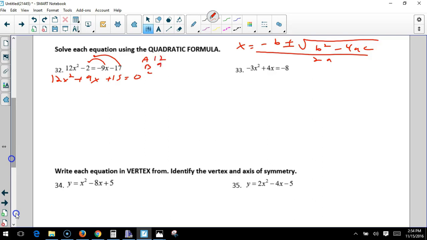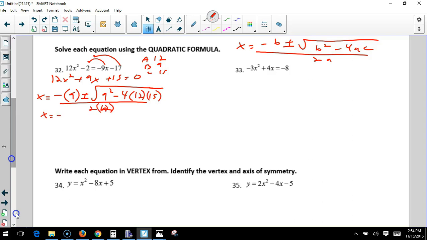12, 9, and 15. So, x equals the opposite of b, plus or minus square root of b squared minus 4 times a times c all over 2a. Sorry. 2 times 12.